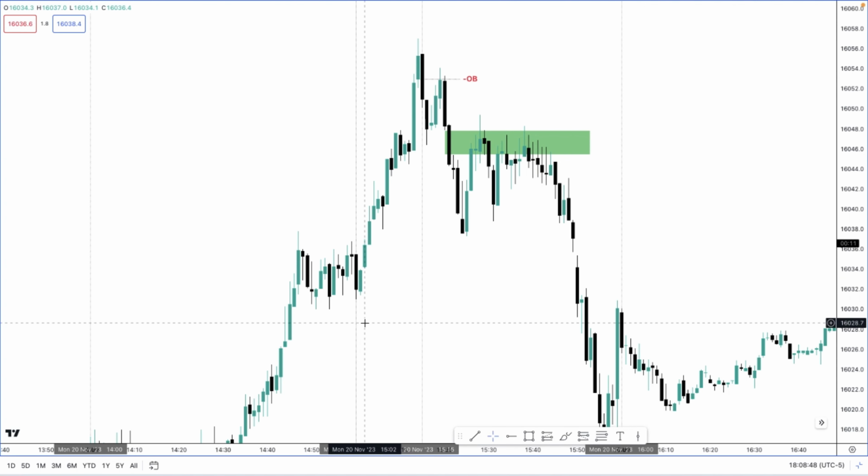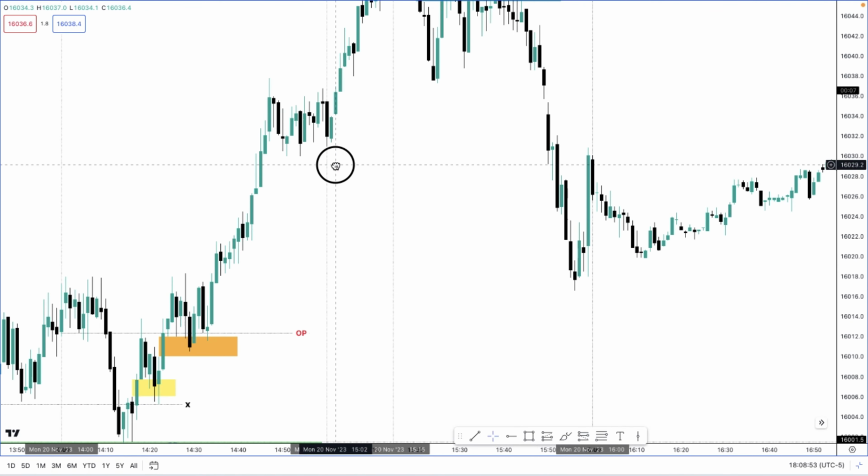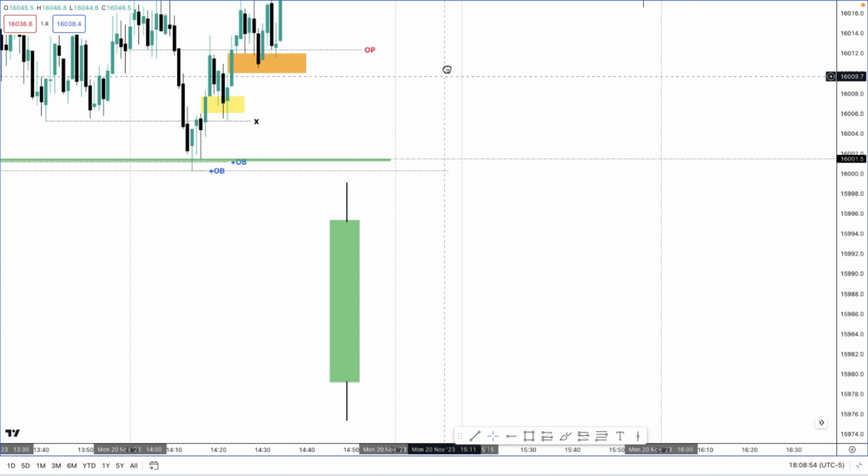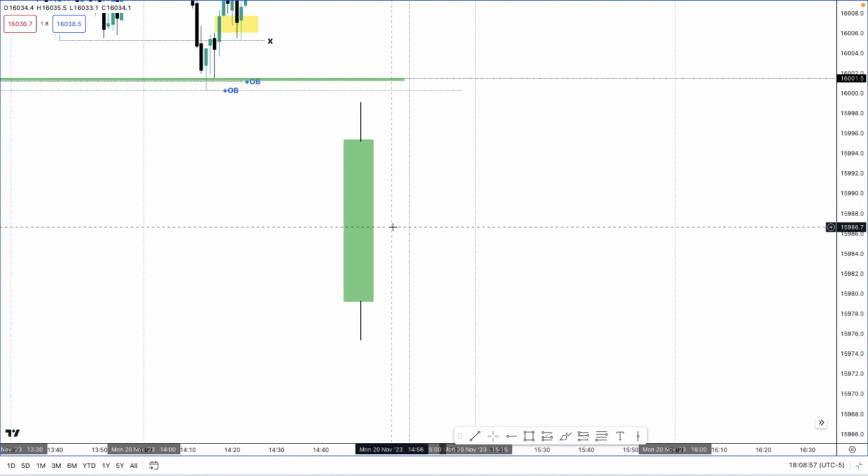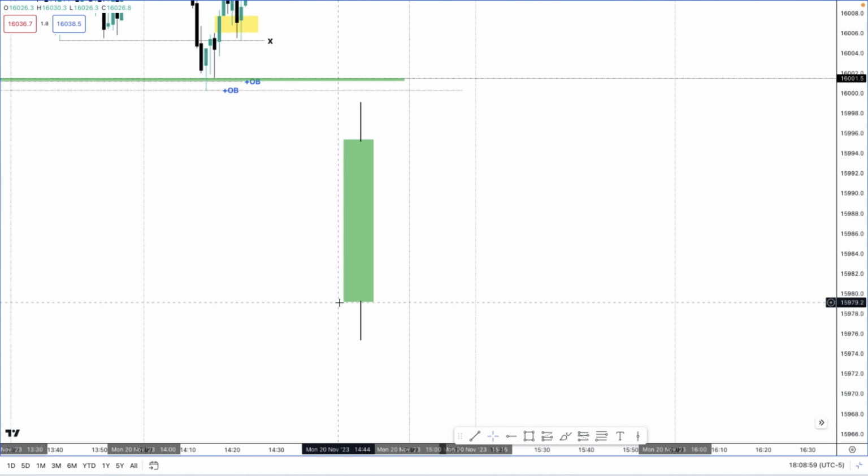Now, if you want to understand what I just said, go back to this thinking. If a daily candle opens like this, it first opens here, forms the low of the day, goes up to form the high of the day, and then comes back to retrace into the close here.